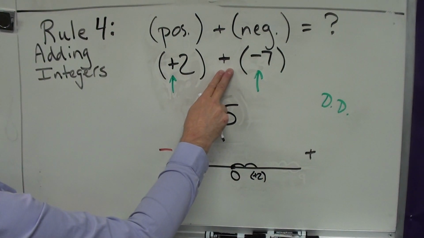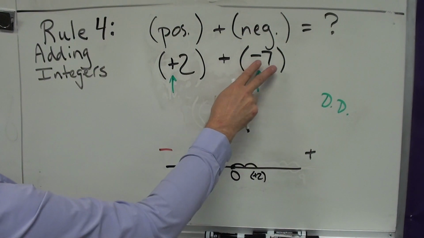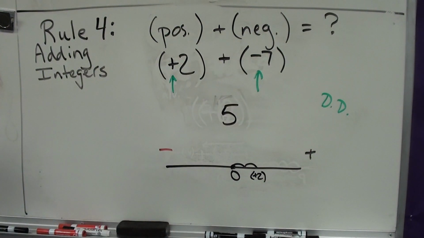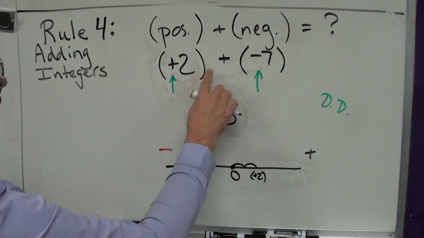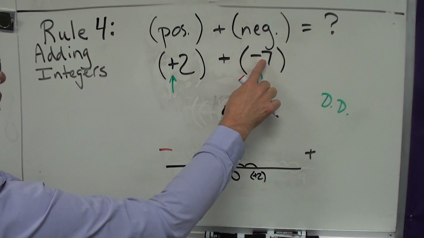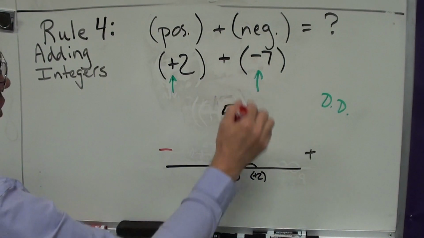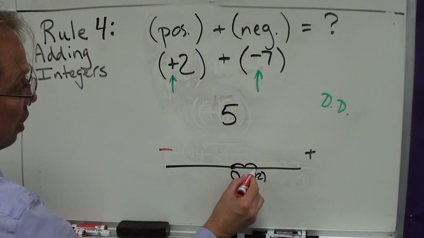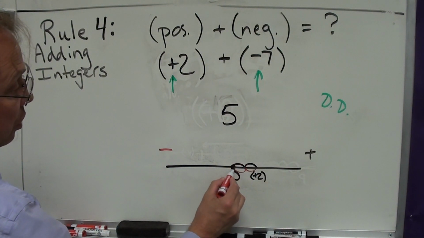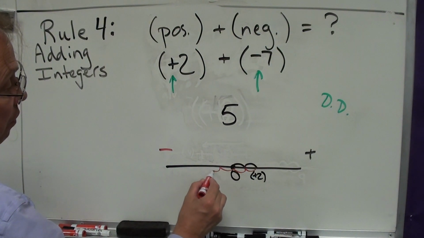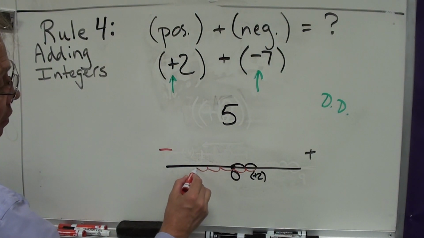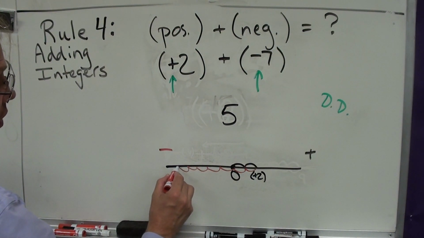But then I add negative 7. That is to say, the second event is that I go in the negative direction 7 units. So what does that look like? 1, 2, 3, 4, 5, 6, 7.